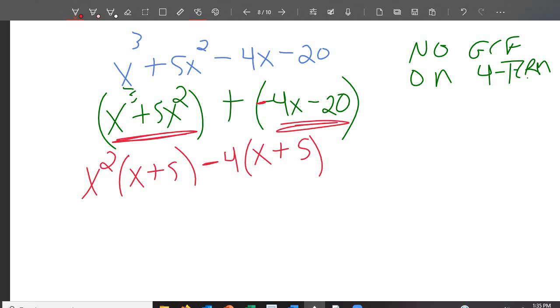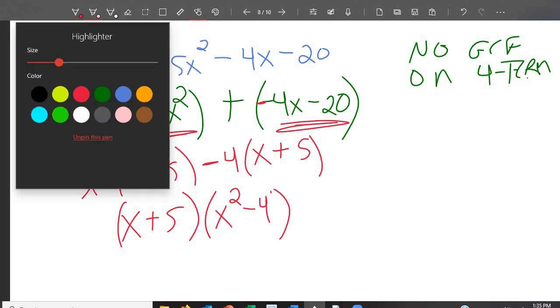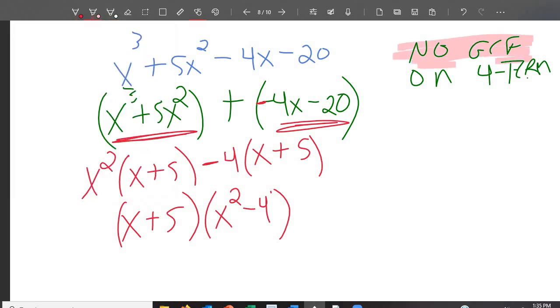You've got to remember that they have to match. Then that x plus 5 is the matching part of the answer, and the other part is the x squared minus 4. So this one had no GCF, but it was a grouping problem, so we grouped it and got to the end.